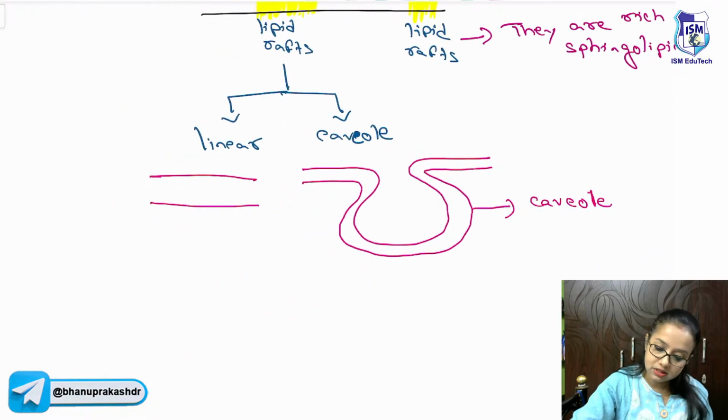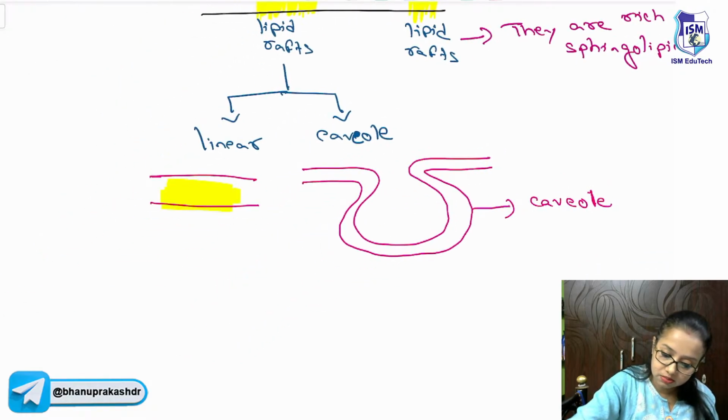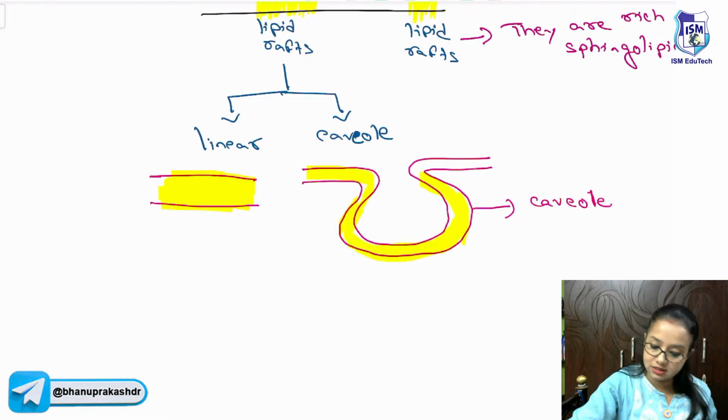Some of them are linear in structure, and some assume this invagination. Now, this structure, the caveolae, is essential functionally.